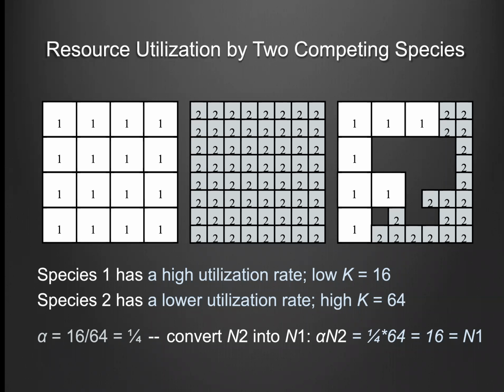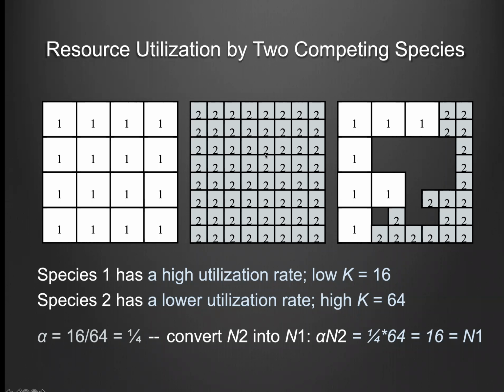And so in this case, 16 over 64. So what you can see is that you put the ratio of the carrying capacities. That is how we get alpha, right? And so if we convert those N2s into N1s to simplify our equation, then what we would do is multiply the number of N2s by alpha. Alpha is 1 in 4, right?